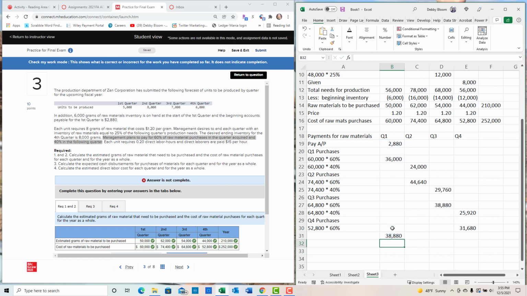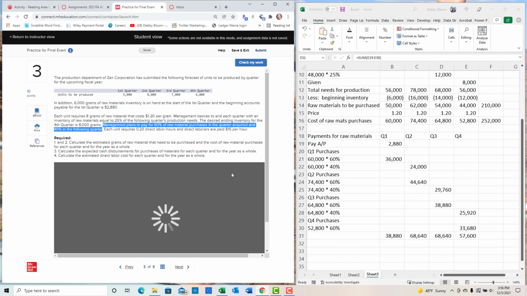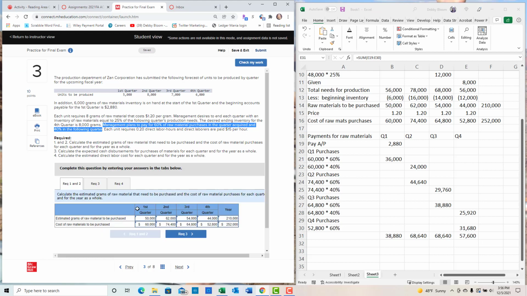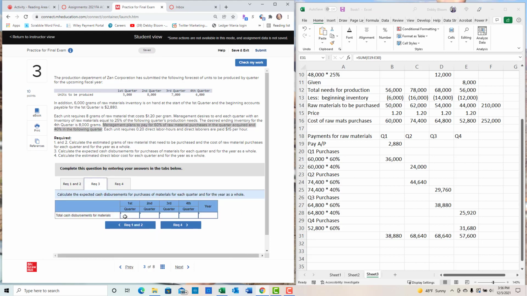So for quarter 1, I have payments of $38,880, 68,640 in quarter 2, 68,640 in quarter 3, and 57,600 in quarter 4. So let's put those numbers in, and let's see if we are correct.